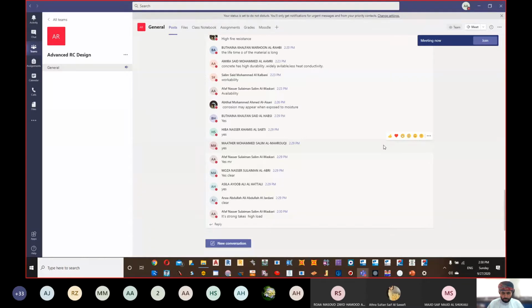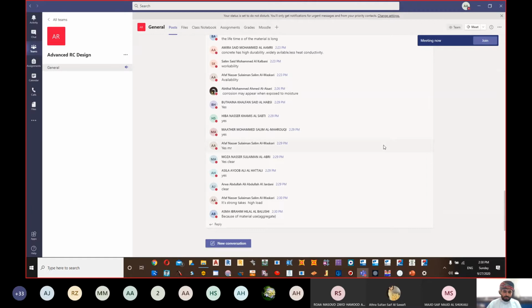Which one is strong and takes high load? Do you refer to steel or do you refer to concrete? Because of the material used, exactly. So because of the material, what is happening?